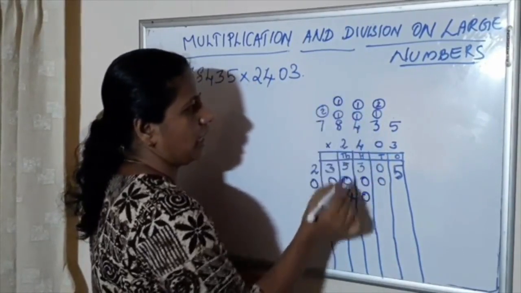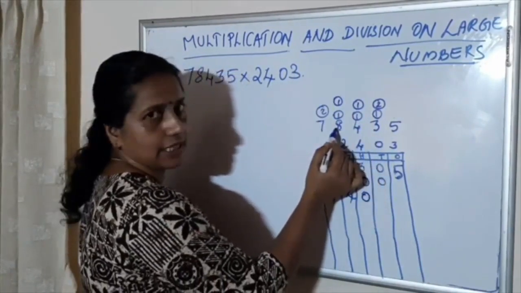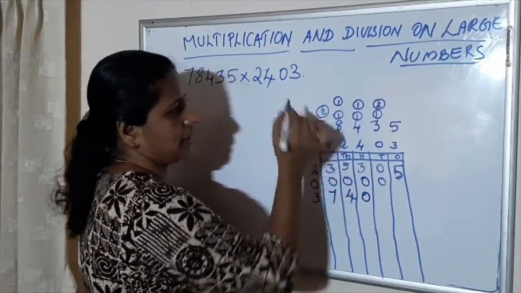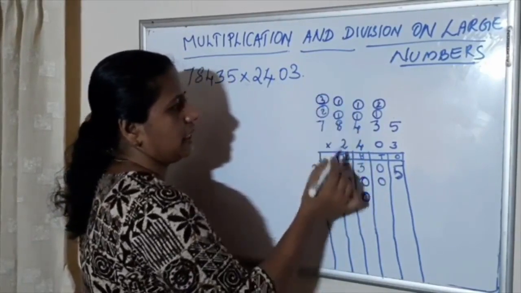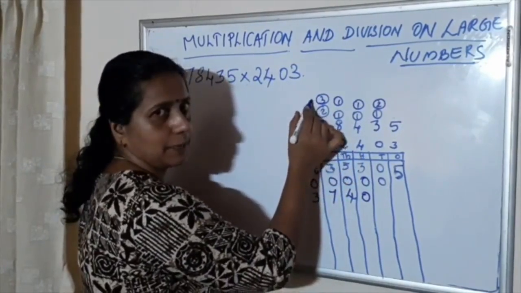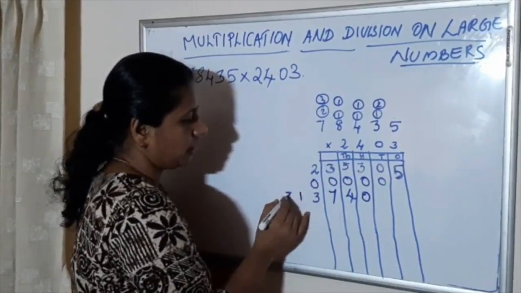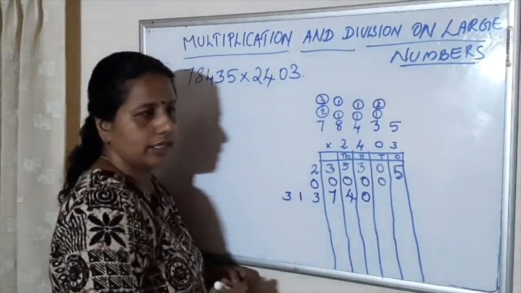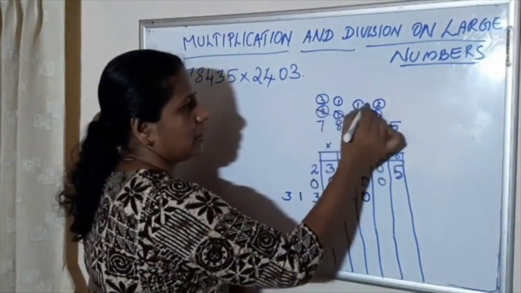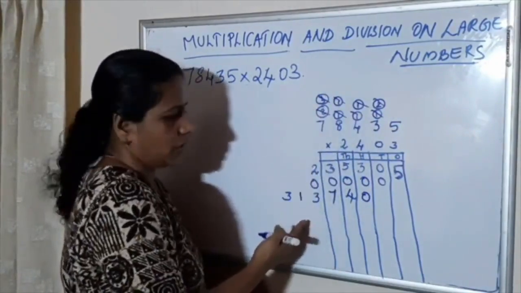Carry over 1. Next one 4, 8, 32. 32 plus 1, 33. Carry over 3. Next one 4, 7, 28. 28 plus 3, 31. Okay, 31. Clear? You can cancel all these carryovers because you have already written it here.